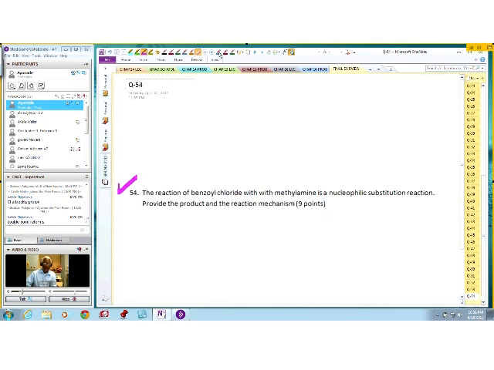But this should be a fairly simple one, once again testing your knowledge of the reaction mechanism. So you have benzoyl chloride, and then you also have methylamine.